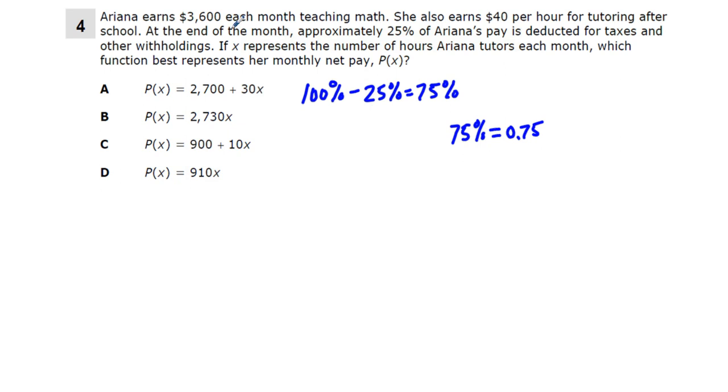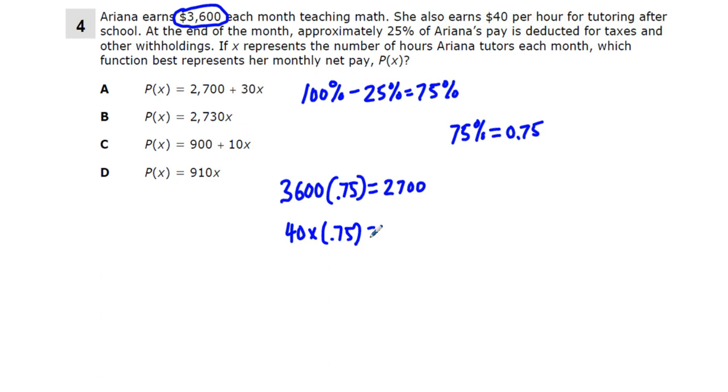So what we're going to need to do to find her pay each month is take this 3,600 times 0.75. When you multiply that out, you get $2,700. And then she also makes this $40 per hour. So she takes the $40, and that's going to be x, and we multiply that by 0.75.